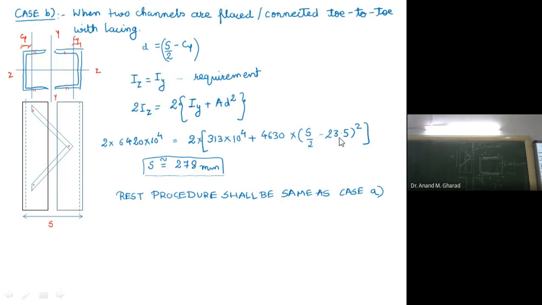Cy is same because we are assuming the same ISMC 300 channel sections. For that, the Cy value is 23.5. We have already discussed this. Everything is in mm. You please calculate this S value. Verify it.